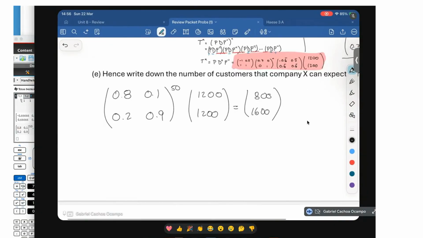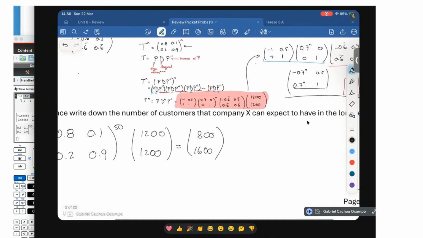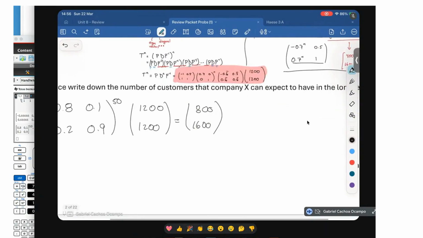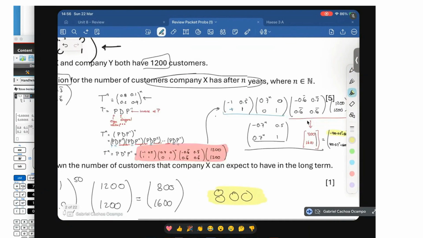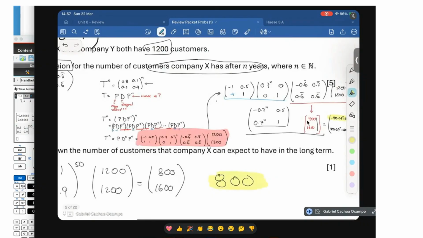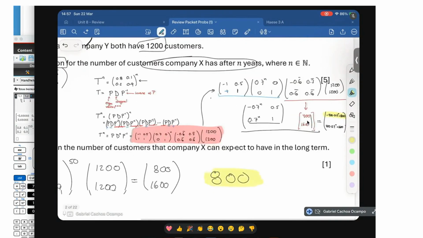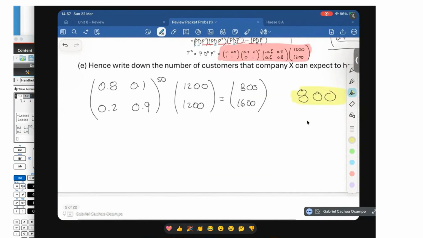The difference between this answer and this answer is that in here they are just asking me for the number. My answer is 800, no? Which is quite easy. Here they are asking me for an expression, but don't worry, we will practice this and do it many times so that you can know how to find that expression.